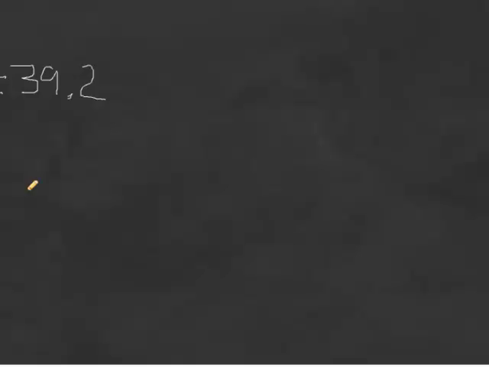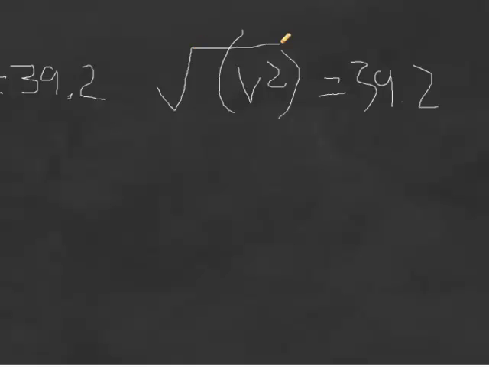We want velocity, not velocity squared. So we have v squared equals 39.2, and what we want to do is take the square root of this, which is, of course, equal to v, because the square root of velocity squared is equal to v, like we just saw.